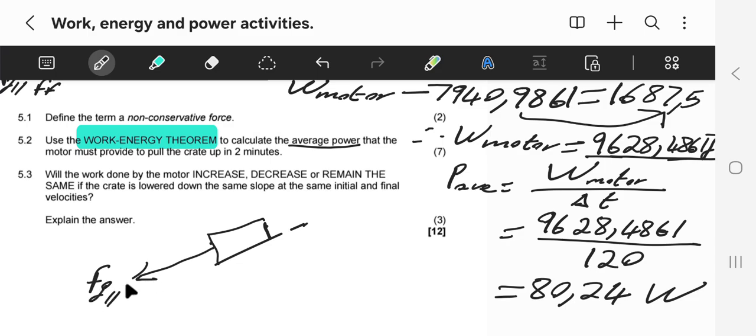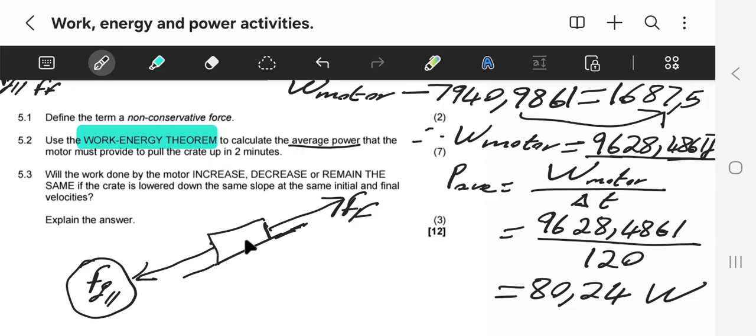Fg parallel is acting now downwards, but friction is now acting in the opposite direction. So it means now this force of gravity that was working against the work done to move the object is now in favor of the object moving. Initially it was against the object moving upwards, right? But now it is in favor of the object moving downwards.